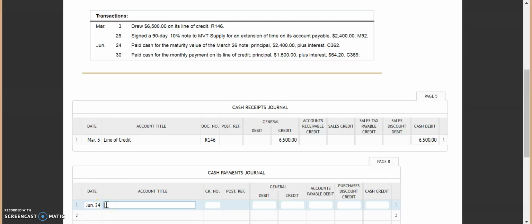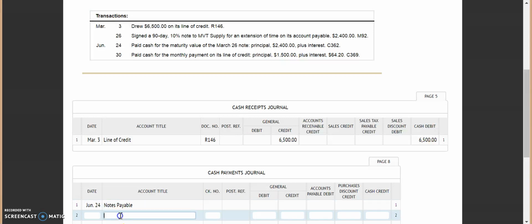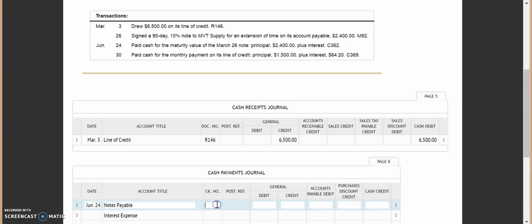And our account title, the first one is notes payable, because that's what we're paying off, our notes payable. And then we also have our interest expense. Don't forget to put your check number in here, which is check number 362. You don't have to put the C because it already is a check.